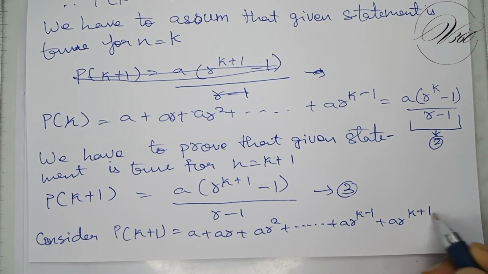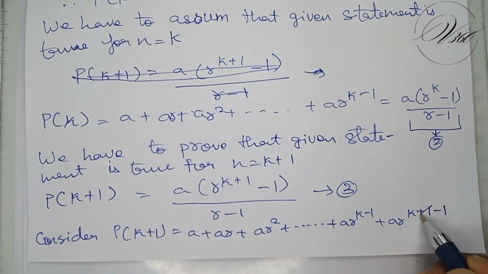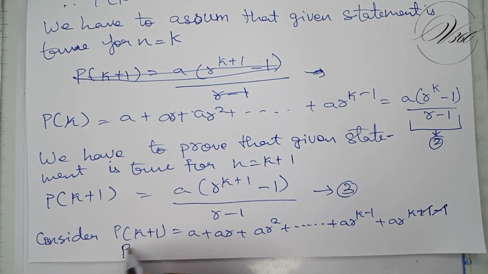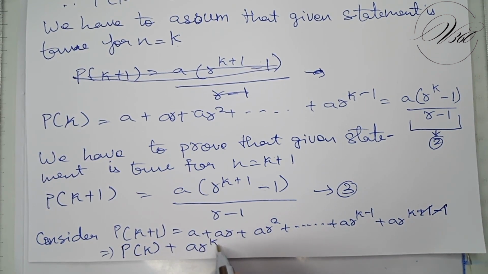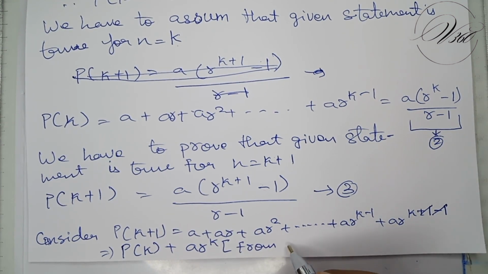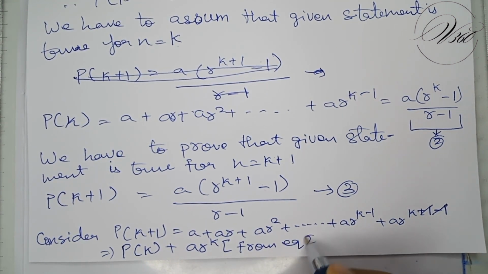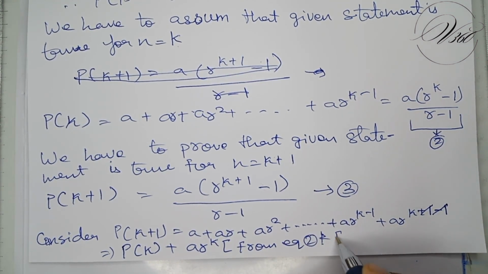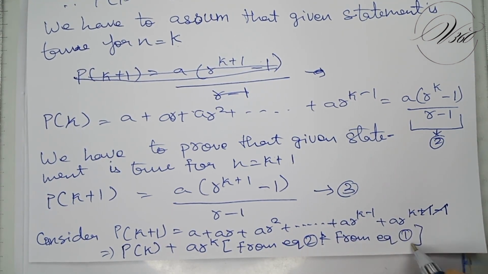Here plus 1 minus 1 get cancelled. Now here we will get P of k plus ar to the power k, which is from equation 2 and from equation 1.